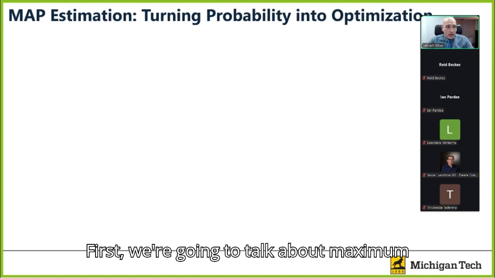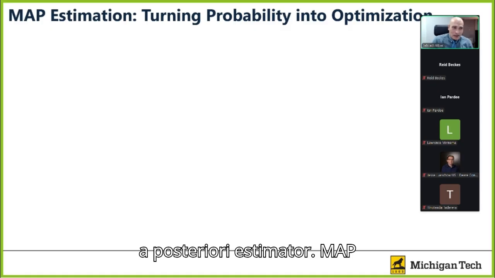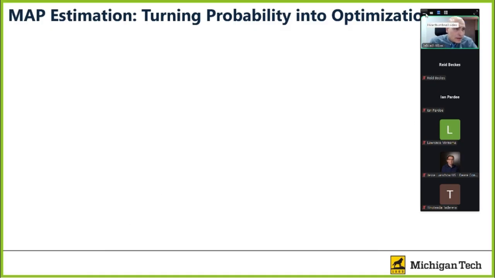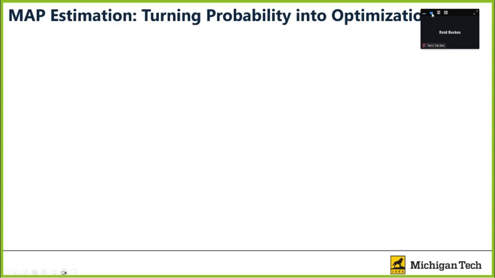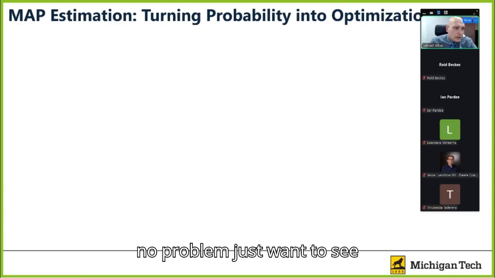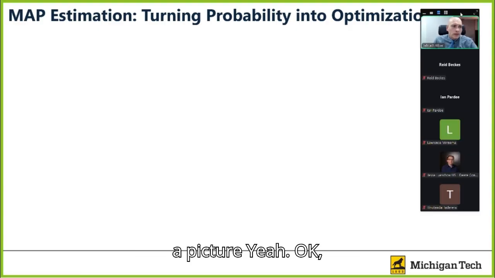First, we're going to talk about the maximum a posteriori estimator, MAP. Let's make this smaller. I think it's too big. Okay, no problem. Just want to see the picture here.